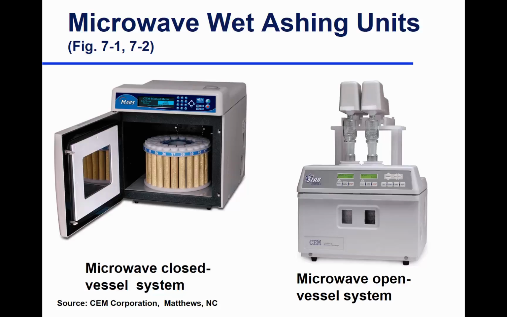Analysis time is pretty short, about 30 to 40 minutes, like I said. There is also the open vessel system, mostly used when you want to ash a large amount of sample. It has its own exhaust system where fumes are sucked up into a compartment and neutralized, so it doesn't have to be under the hood.